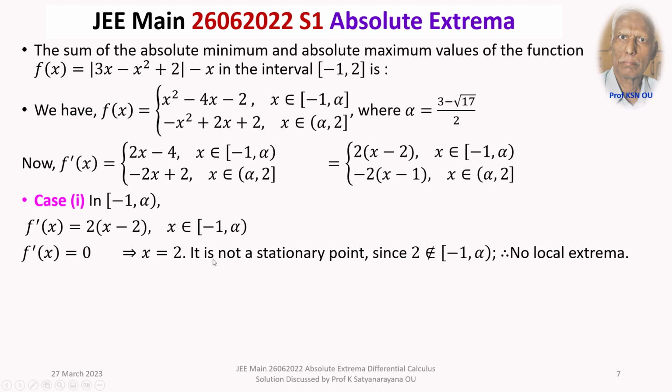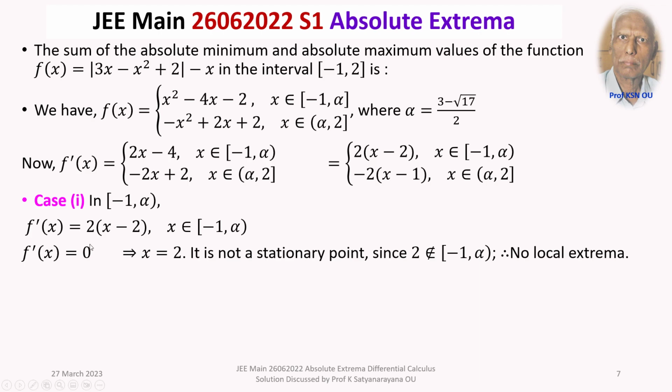Therefore, it is not a stationary point, because we are talking in the interval minus 1 to alpha. That means f of x has no stationary points, so there is no local extrema for this case.